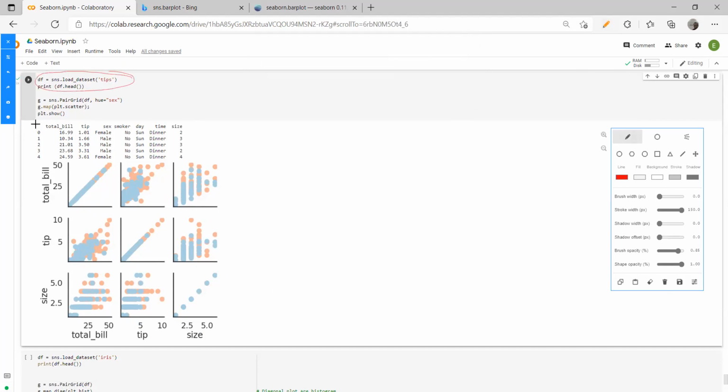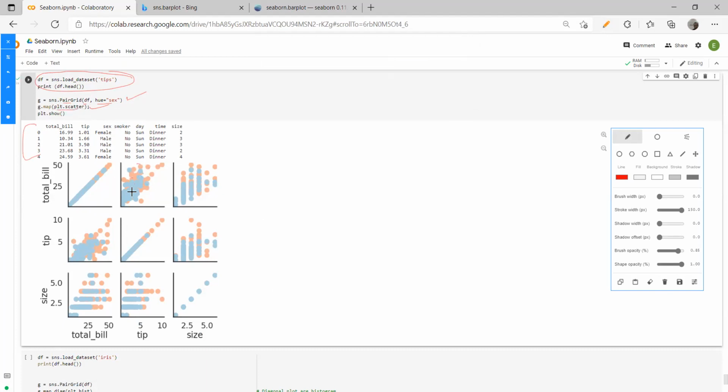So this is the data set that we have loaded. We are specifying this basically in multiple steps, right? First, we are saying that I want a pair grid with a data frame and hue as sex, whether it's male or female, right? And later on, you said that you want a scatter plot.